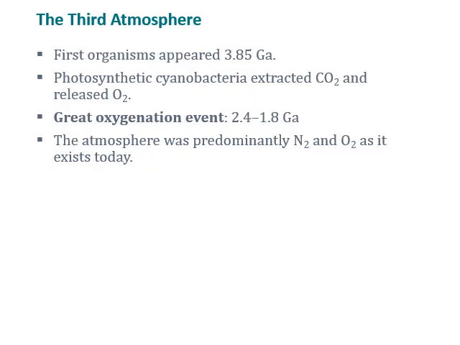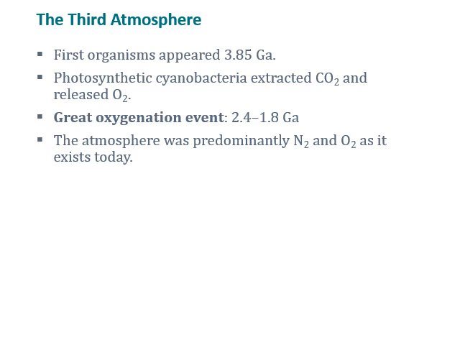Earth's third atmosphere is characterized by the introduction of life and also the introduction of a specific type of life known as photosynthetic cyanobacteria that decreased carbon dioxide and increased oxygen during the Great Oxygenation event, beginning around 2.4 billion years ago.